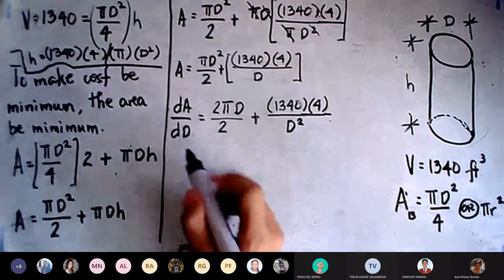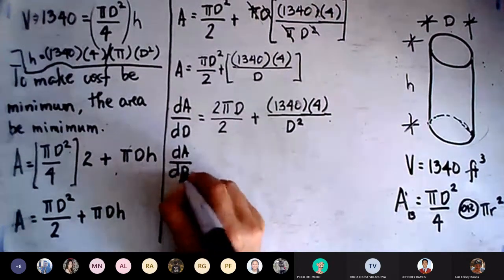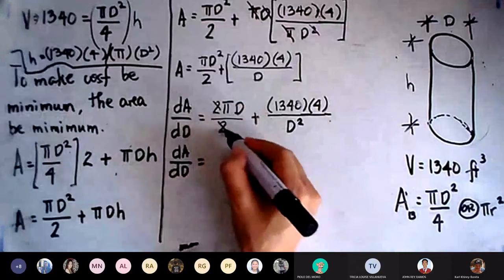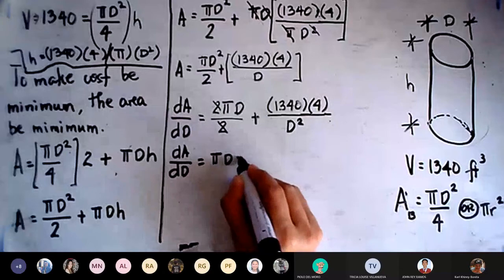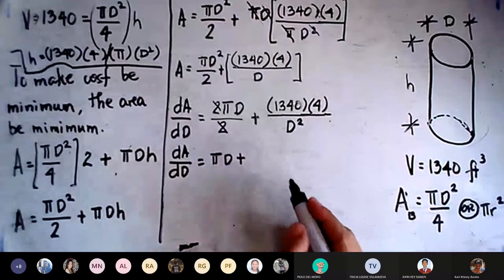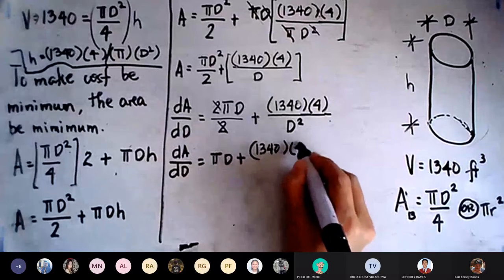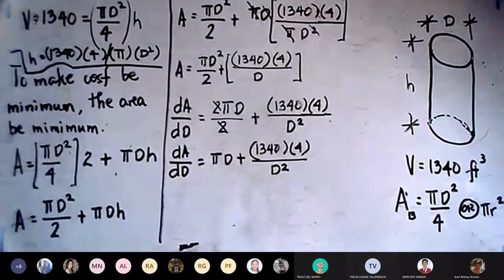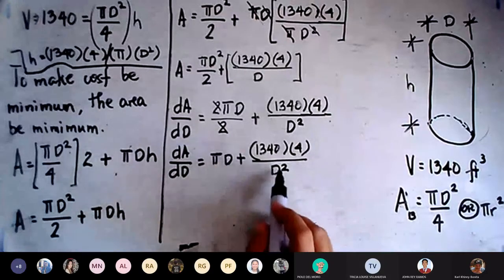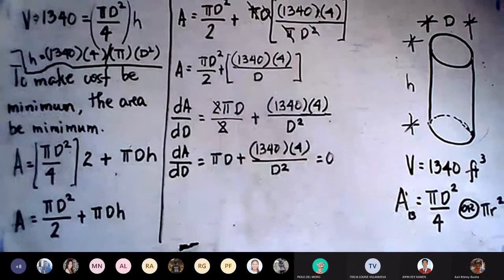So we have dA over dd is equals to, cancel out the value for 2. That means you have pi d plus 1,340 times 4 all over d squared. And for us to determine the value of the diameter, we have to set the derivative to 0.